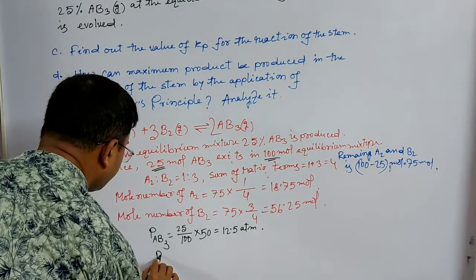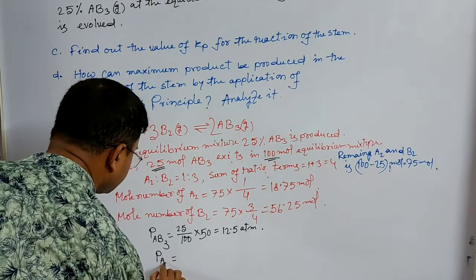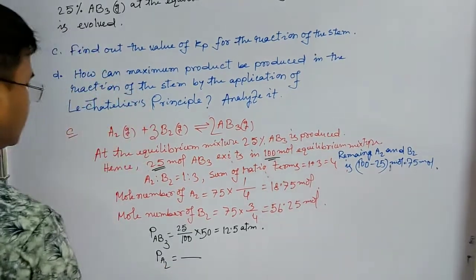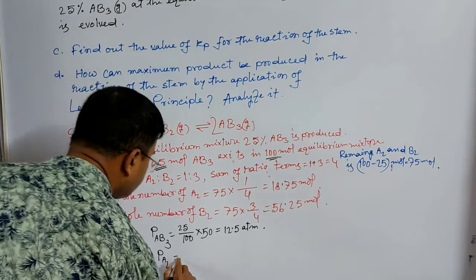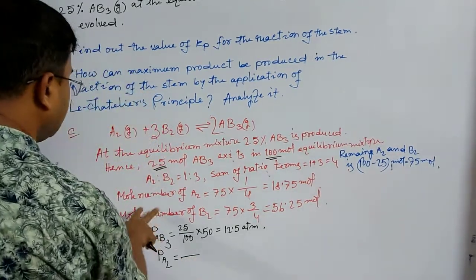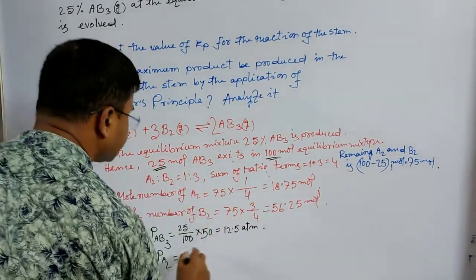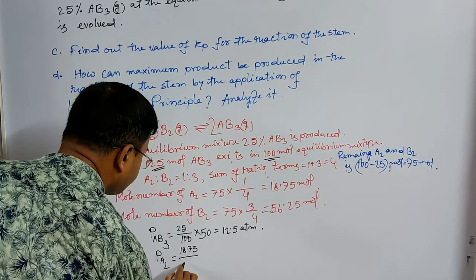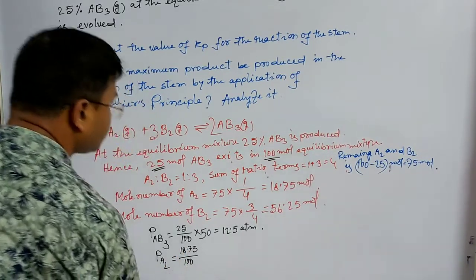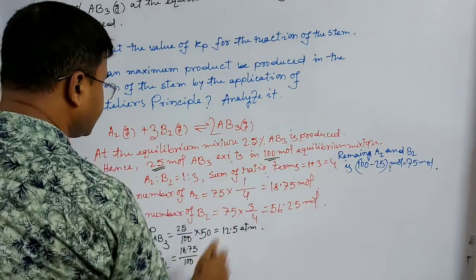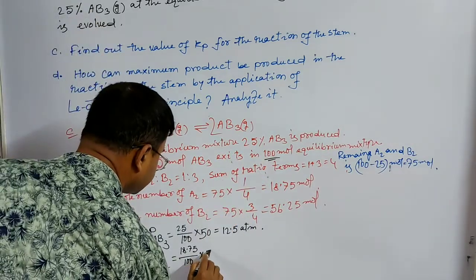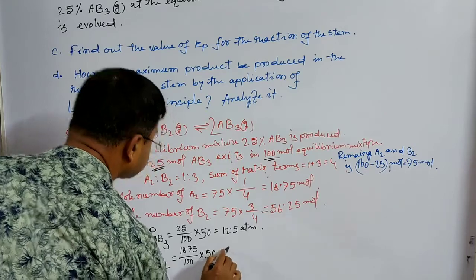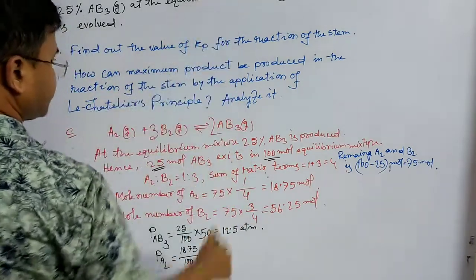Partial pressure of A2 equals mole number of A2, 18.75, divided by total mole number of the equilibrium mixture, 100 mole, into total pressure of the reaction system, 50 atm.